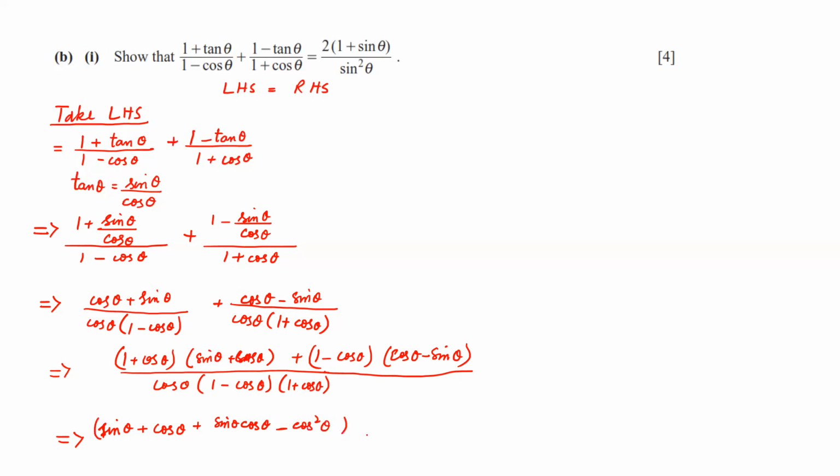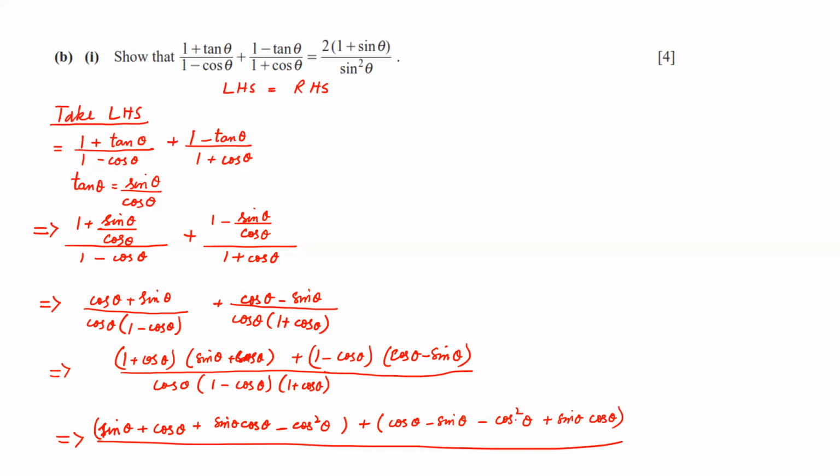Okay, this is our first term, plus cos theta minus sin theta minus cos square theta plus sin theta cos of theta, and whole divided by cos of theta and (1 minus cos square theta). Okay, so moving ahead, this comes out to be sin theta cos theta.